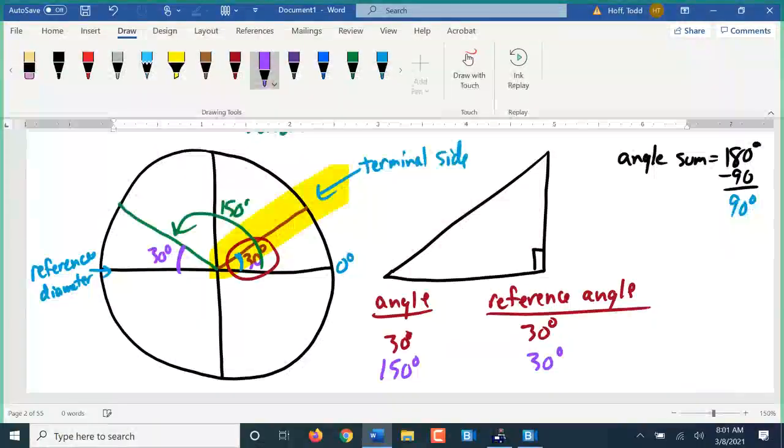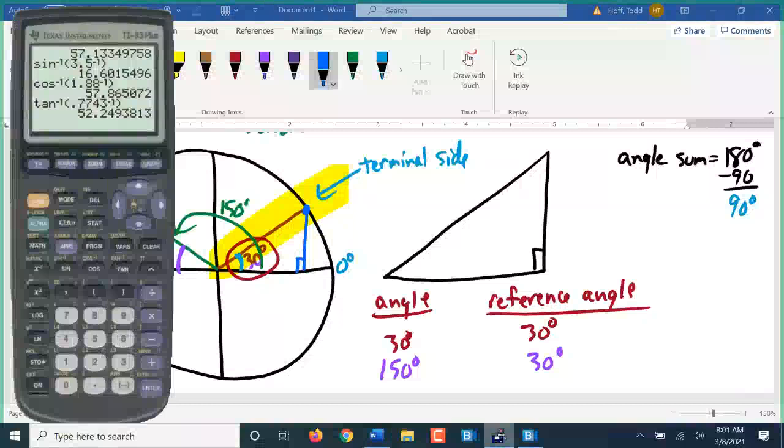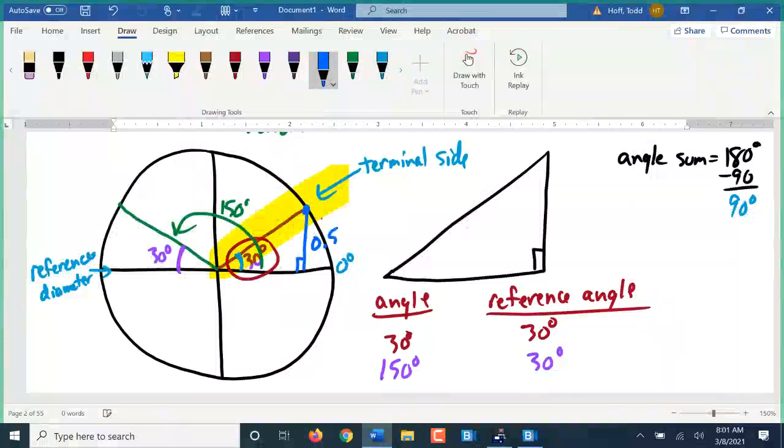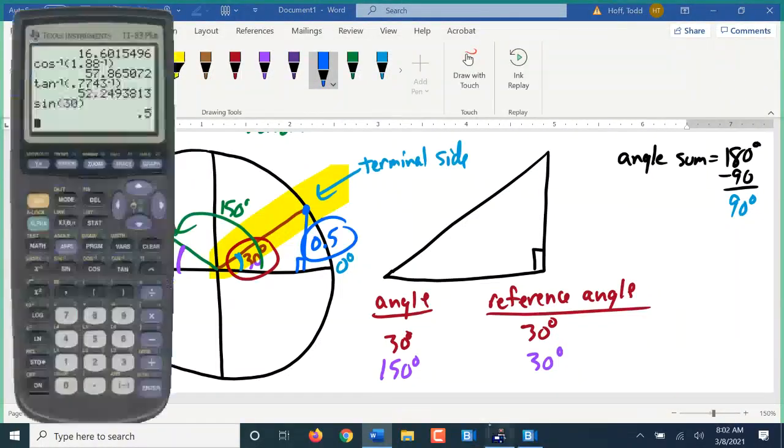Well, what's the significance of that being the same? The sine of 30 degrees, if I type it in, is going to be 0.5. What's the sine of 150 degrees over here going to be? Well, if I type it in, sine of 150, it's also 0.5.